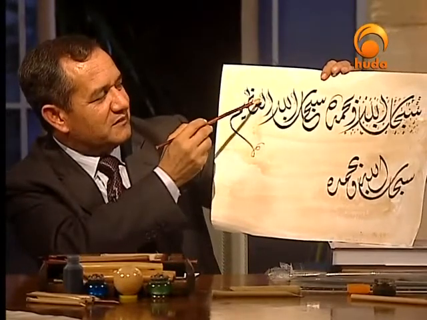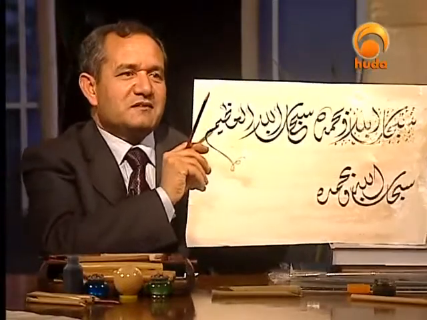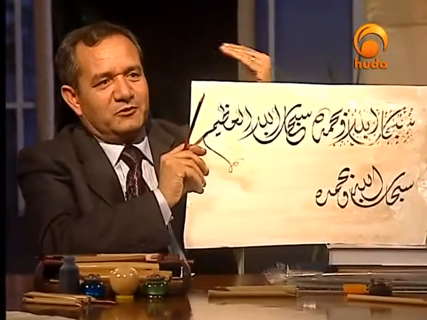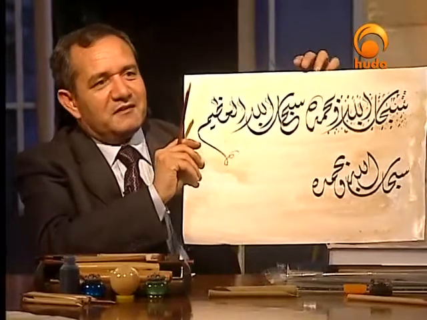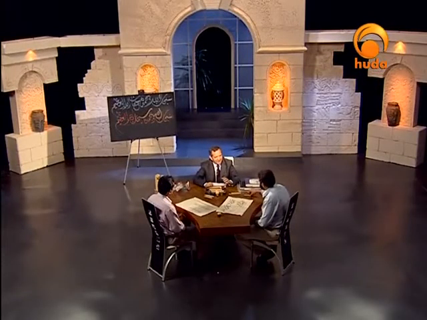Al-Azim, we see the curve here, but with the other Diwani, the curve comes down, not up. I think that you have to start practicing more with this font, and I'm sure that inshallah in the future we can see a lot of your work in this style.